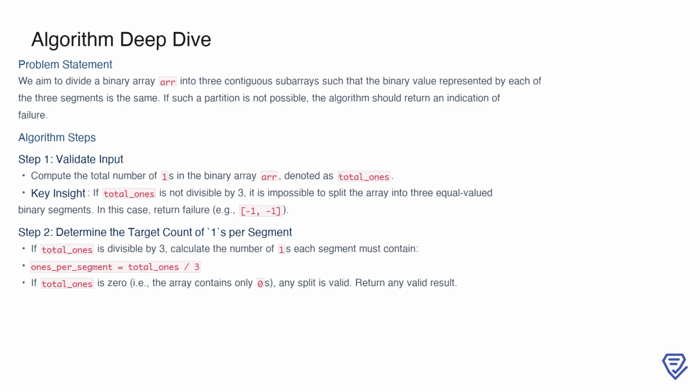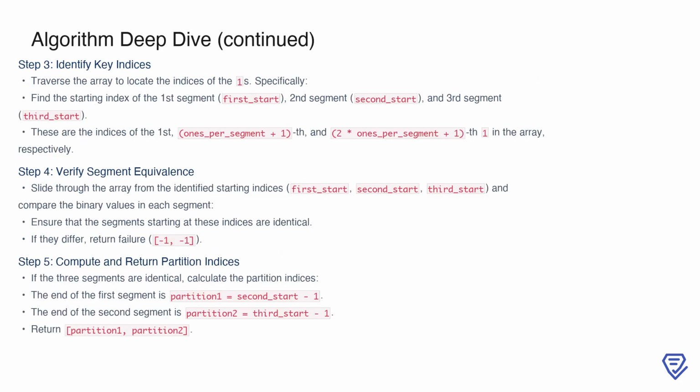Additionally, if the array contains no 1s, meaning it consists only of 0s, then any split is valid since each segment will have the same value of 0. In that case, we can return an arbitrary valid result. Once we know the target number of 1s per segment, we proceed to locate the key indices in the array. This involves identifying the starting positions of the 3 segments that potentially form the solution.